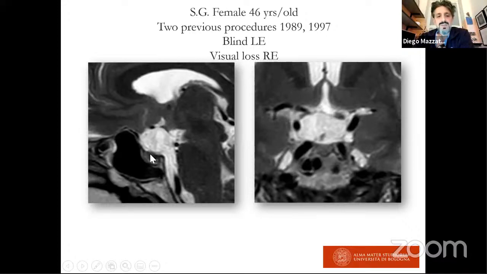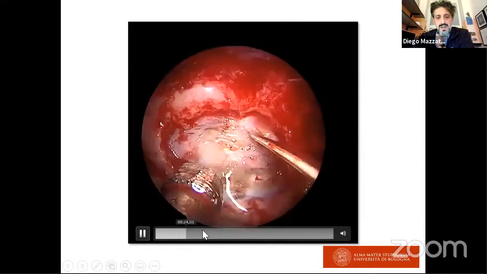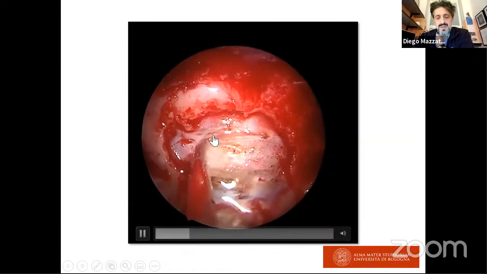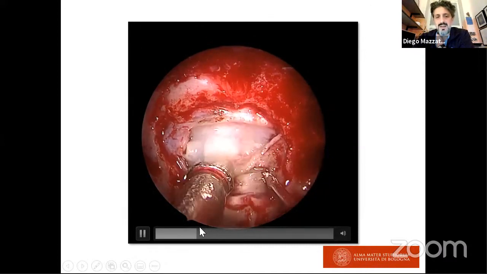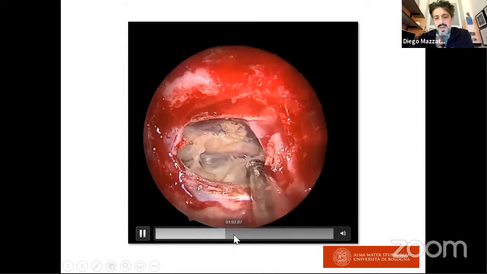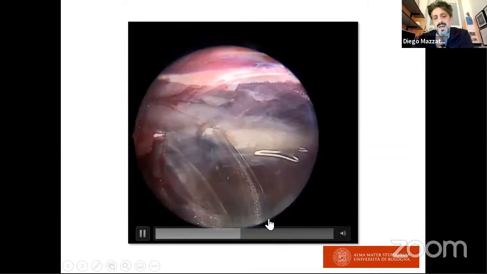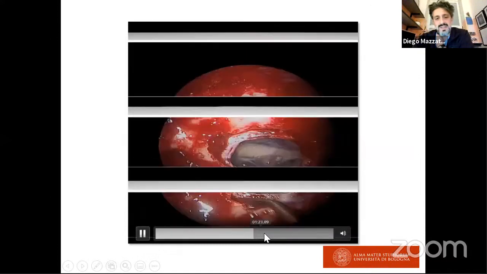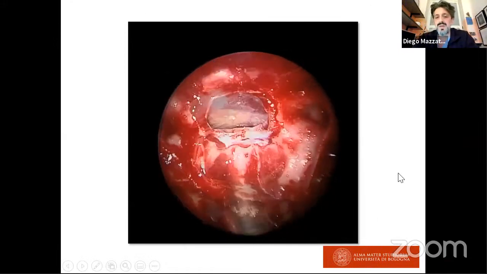We decided to use the transtuberculum approach. This is the chiasm, this is the A1 artery, and we chose the transtuberculum approach as usual, with enlargement of the bone and double incision of the dura in the intercavernous plane and the suprasellar. We opened the dura mater. We removed the capsule of the dermoid as much as possible, removed the material inside the cyst, explored the surgical field, and at the end we performed the plastic repair.